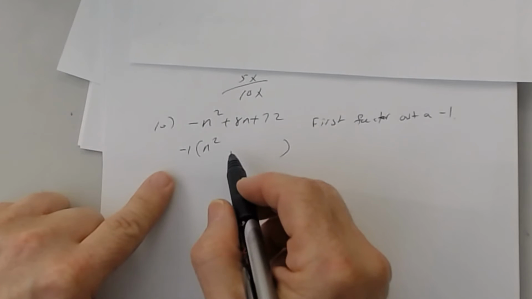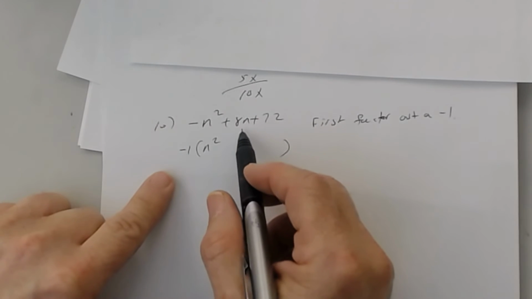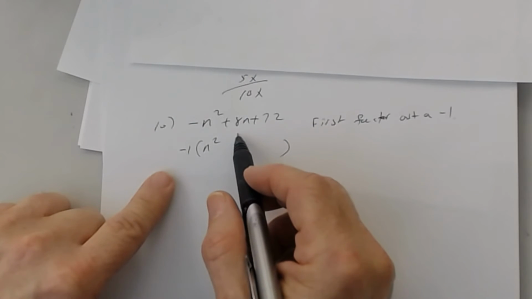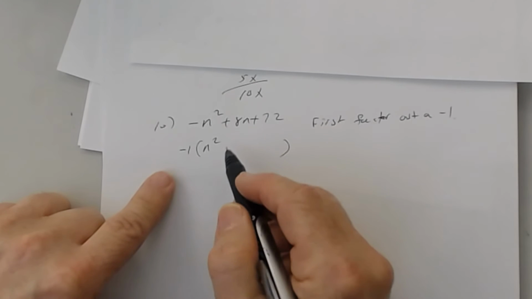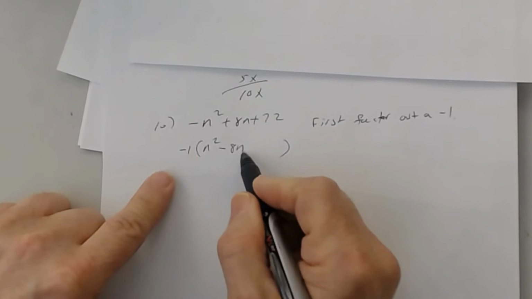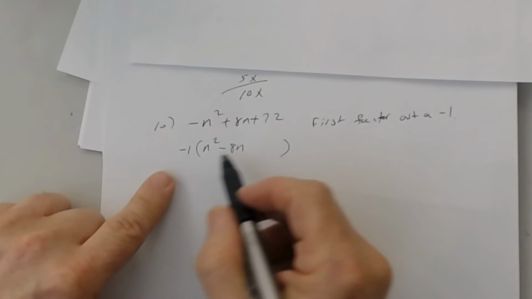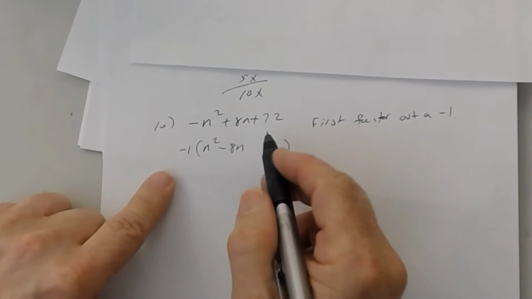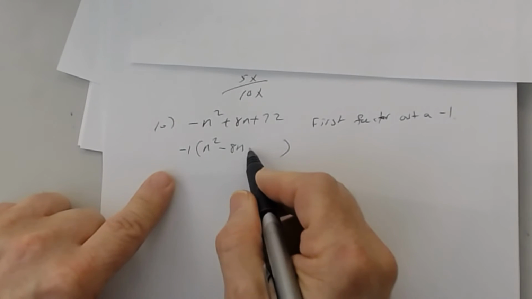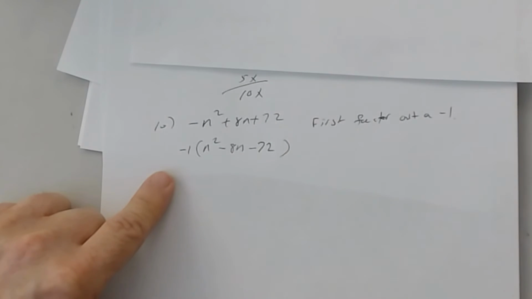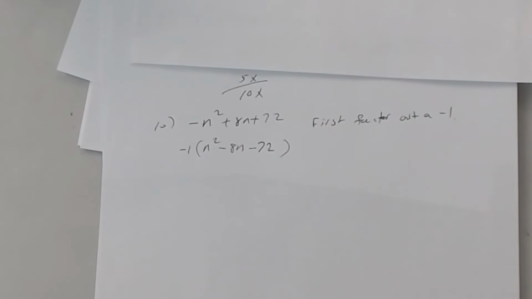That's an 8n, not 4n. So minus 8n, right? Because a negative times a negative is a positive. A negative 1 times what's a positive 72? Negative 72. All right, so that's where I'm at. So in this case, we're going to say the GCF is a negative 1 instead.